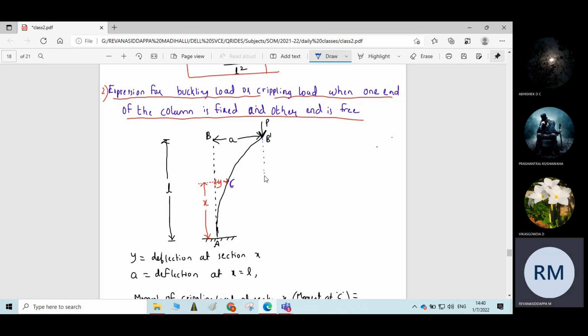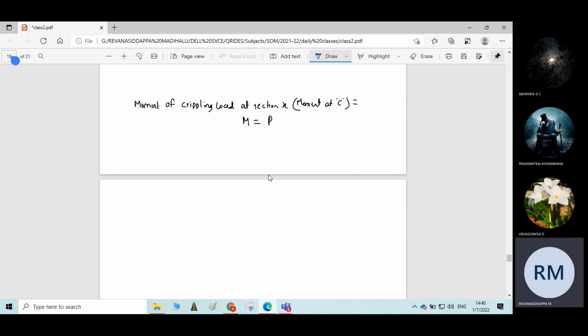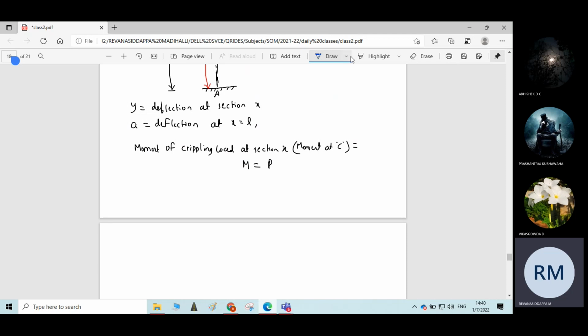The perpendicular distance of point C from this line of action is, here we have total distance A minus Y. So the moment is P into (A minus Y).